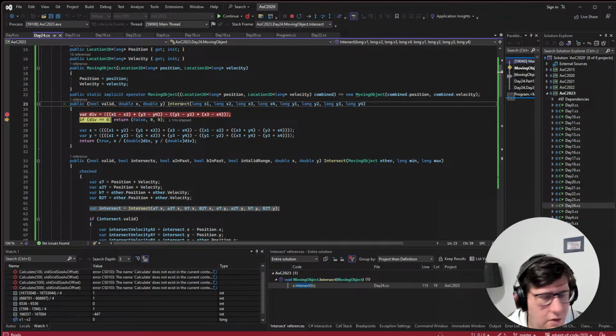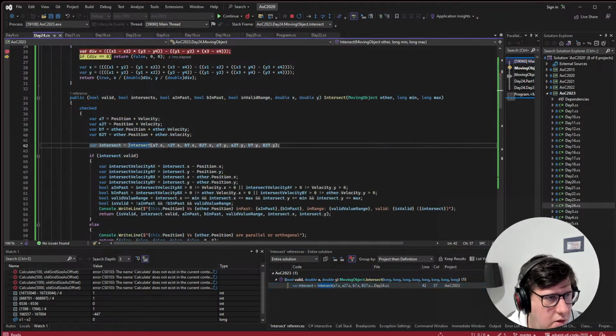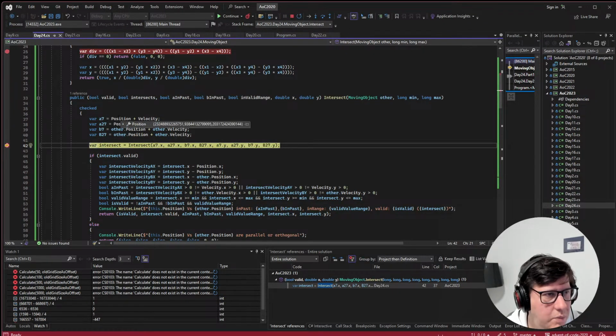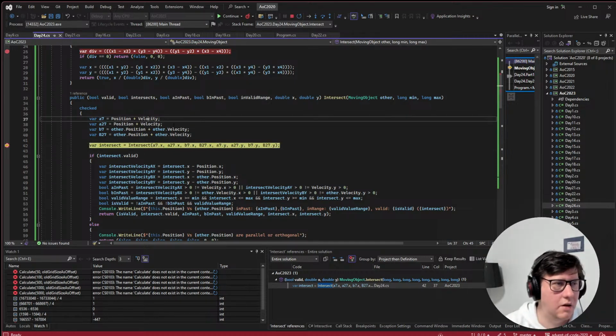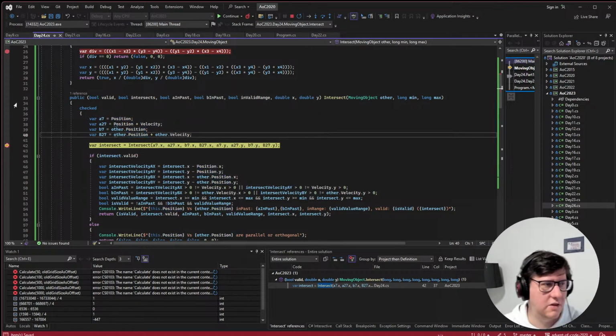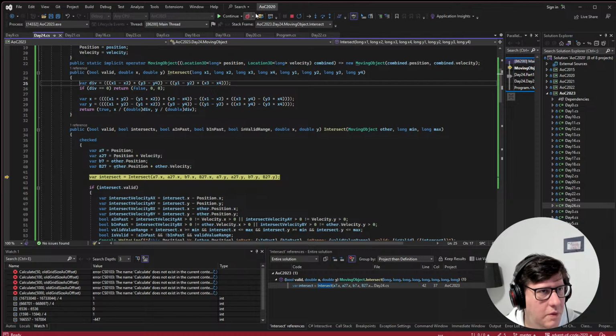Oh, do I pass in the same thing twice now or something? Let me see. Okay, wait. So this one, I think this one might be wrong here. So I did position 51. Oh yeah, I do the same. Look, I pass in the same thing here twice. I need to just have the base one and then one with velocity. That's where I messed up.